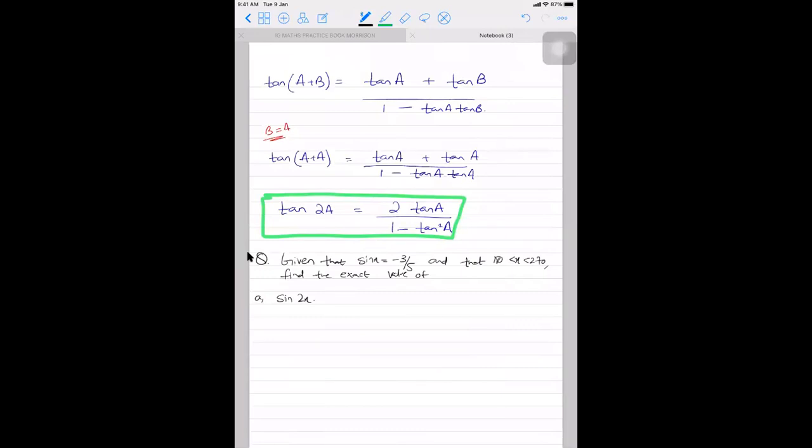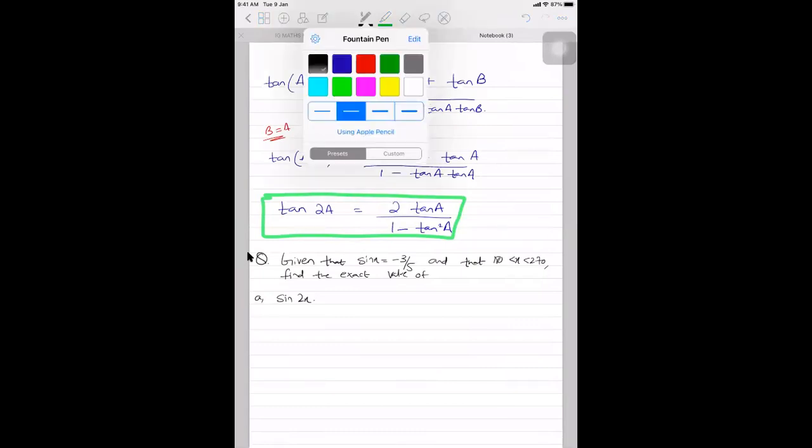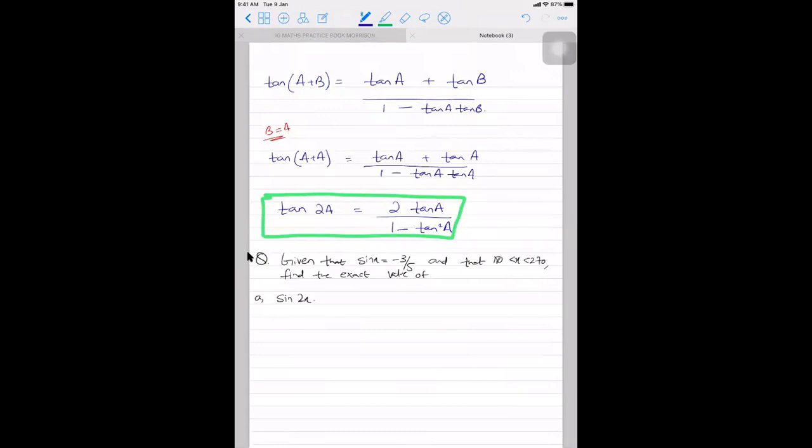Third. In the third quadrant, yes. Also, 2x is a double angle. So sine of 2x is going to be equal to 2 sine x cos x. Now I know that the angle is being made in the third quadrant.